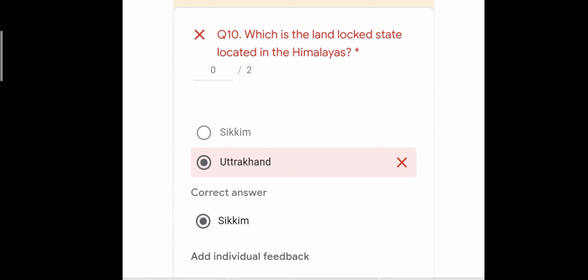If I close the link, you will not be able to see the marks. But now the link is open, so those who have not seen the marks, please go and see them. Your marks as well as your right and wrong answers are visible.